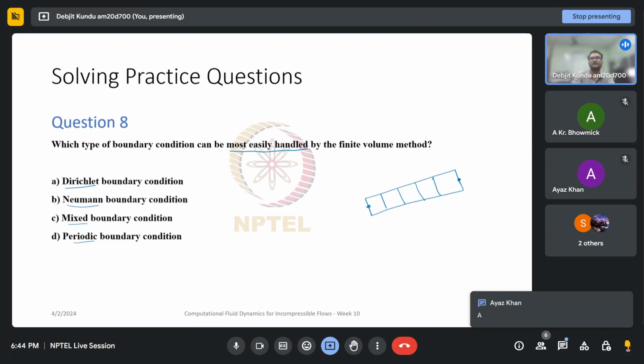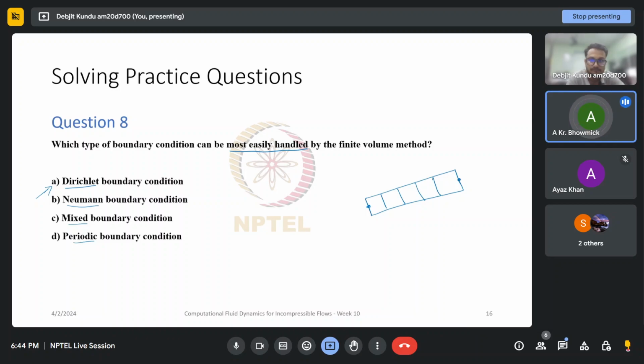So this one is only value based, and Neumann is basically gradient based, and then a mix of these both is Robin.